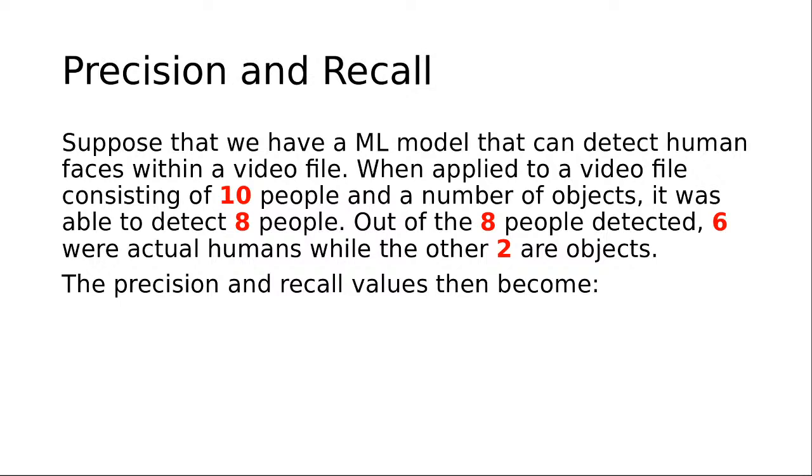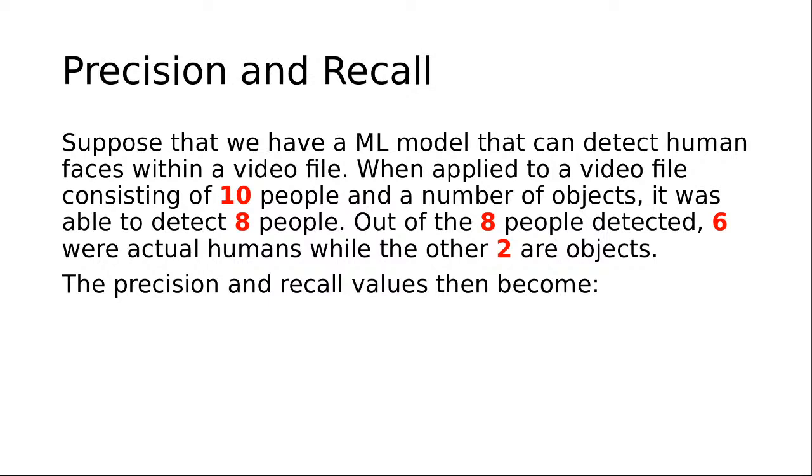So the precision here is going to be 6 divided by 10. That means that out of 10 people in the video file, it was able to detect 6 people. So as far as the accuracy is concerned, our model has an accuracy of 60%.